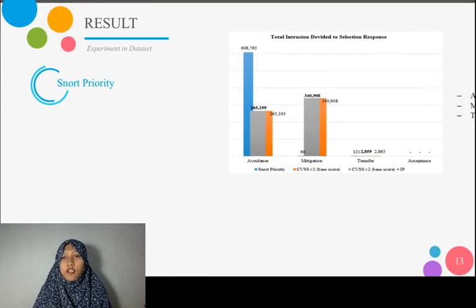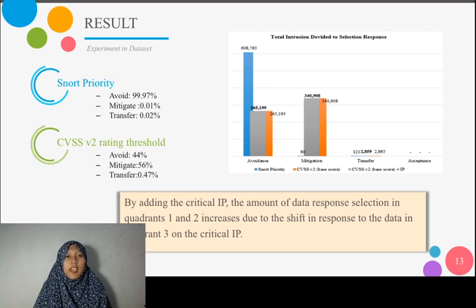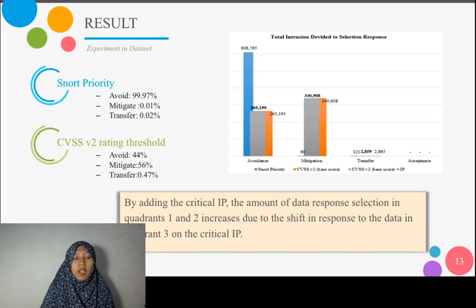The figure shows a different amount of response when we use Snort priority. We have to avoid intrusion almost 100%, mitigate less than 1%, transfer less than 1%.